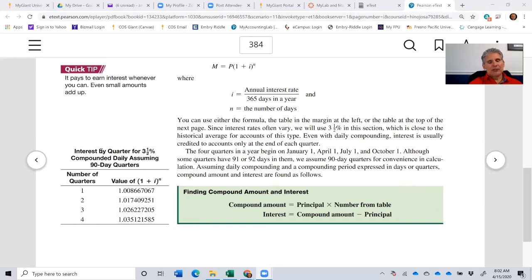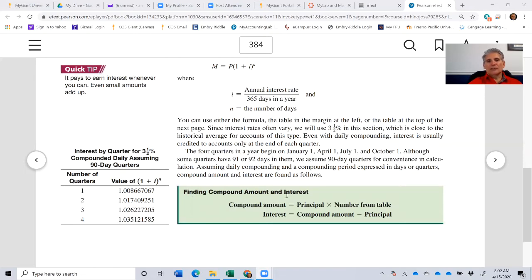Here's an example: interest by quarter for 3.5% compounded daily, assuming 90-day quarters. The factor here, which is really this formula, figuring out the more complex element of the computation, is listed there. And we're going to see some examples in the next few problems or pages.